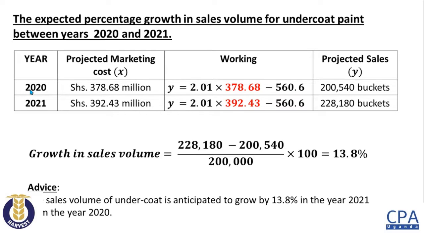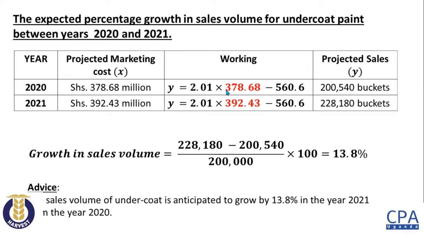So we shall project the sales for 2020 using our least squares equation. And then we shall also project the sales for 2021 using our least squares equation. We are told from the equation that the firm is planning to spend 378.68 million in 2020 on marketing costs. Marketing in our equation is represented by x.